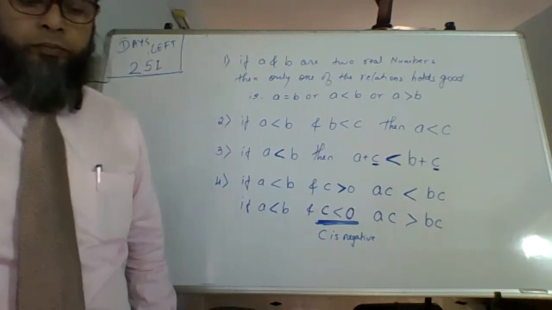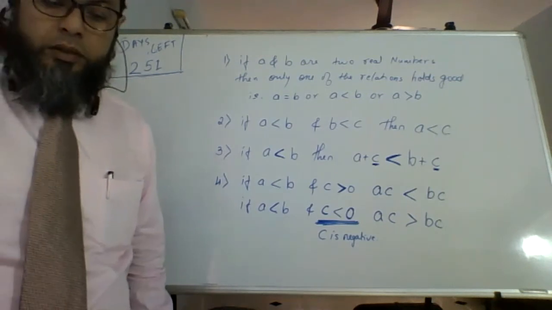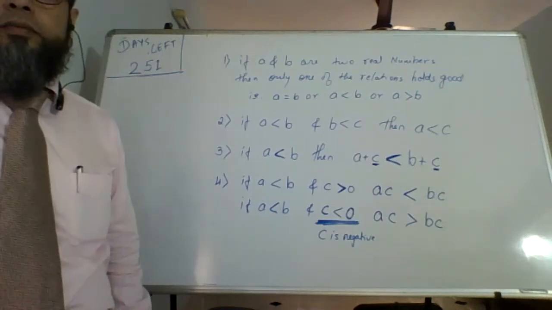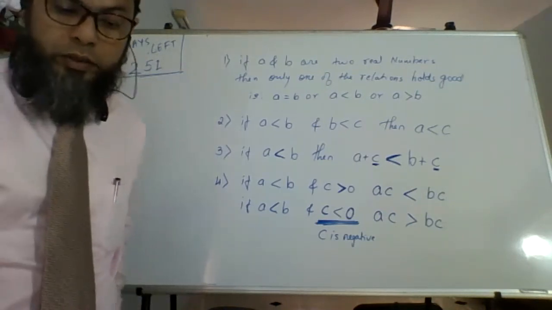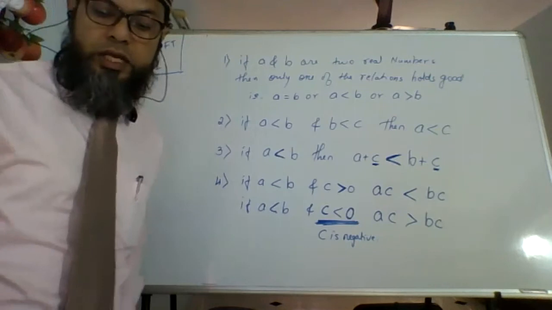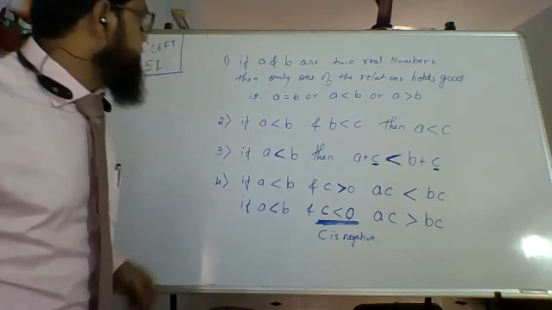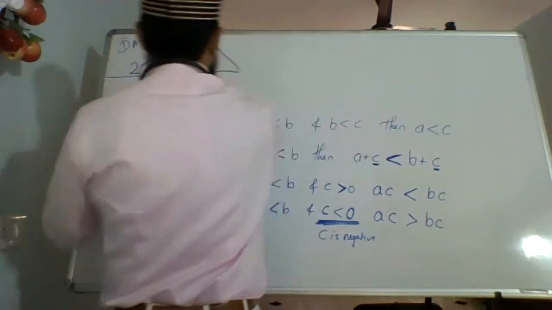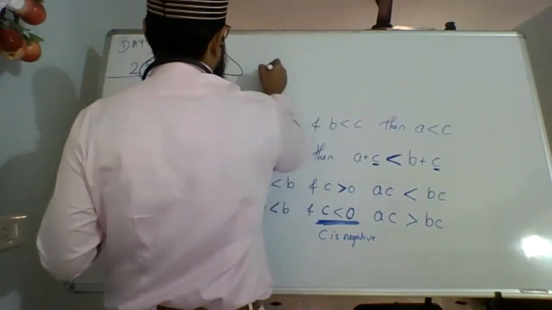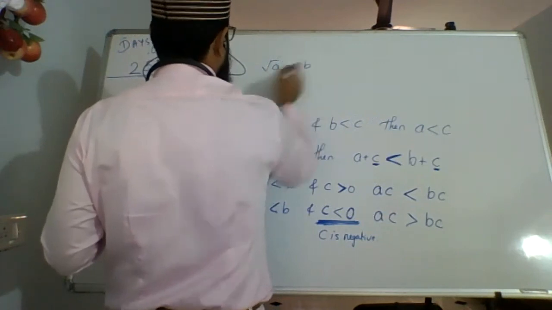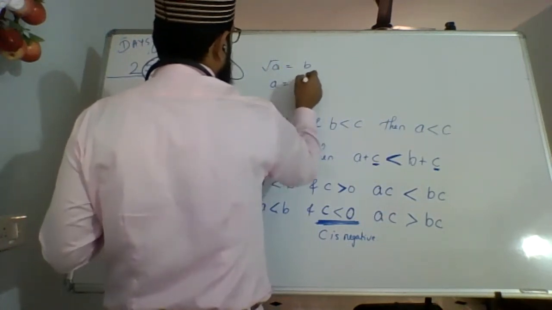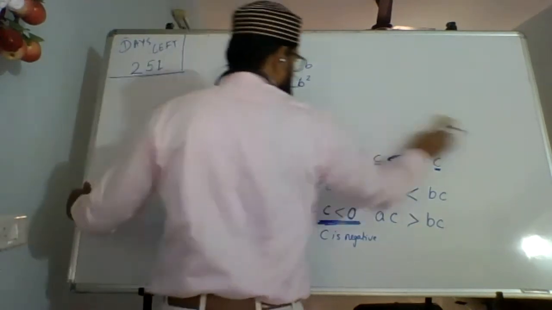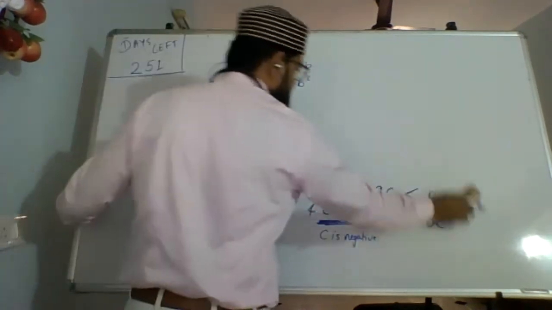Okay, done. Now, square root of a negative number. Square root of a negative number is not a real number. Why not? Let's understand that also. See, if root A equals B, then A equals B square.